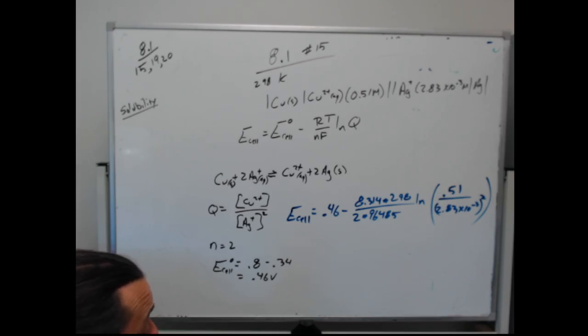Wow, that's a huge number. Natural log times 8.314 times 298 divided by 2 divided by 96485. Okay, we eventually get down to something reasonable.